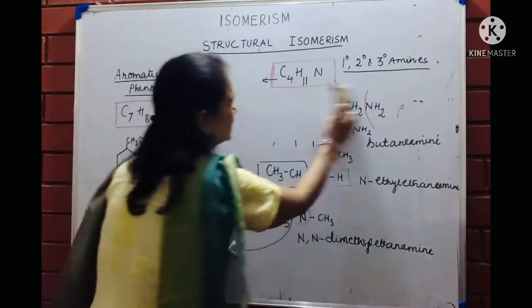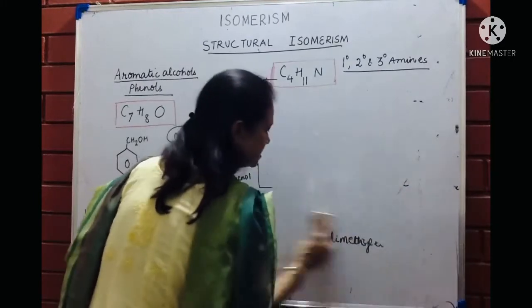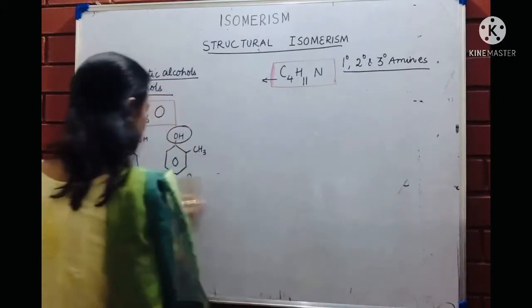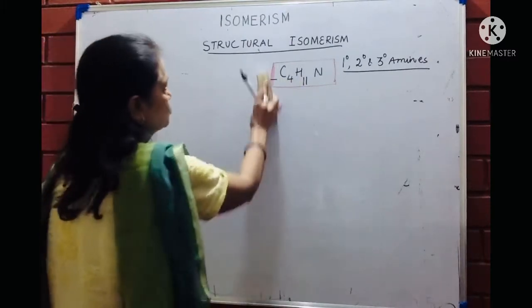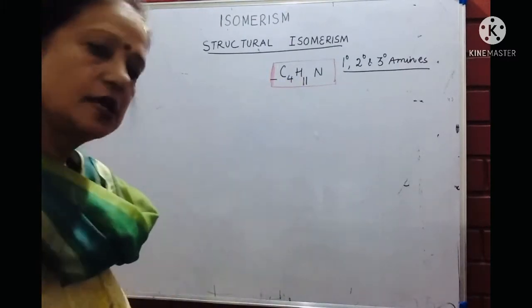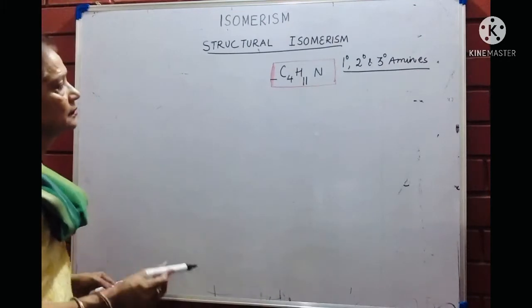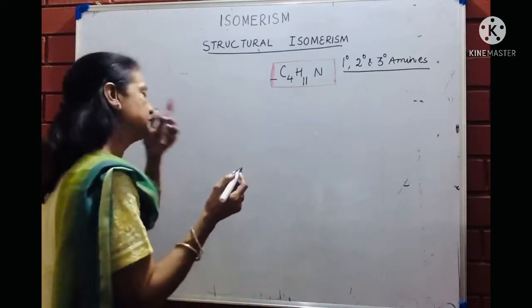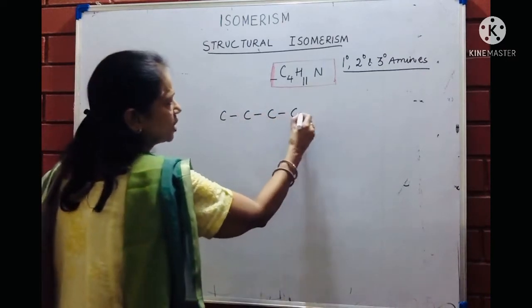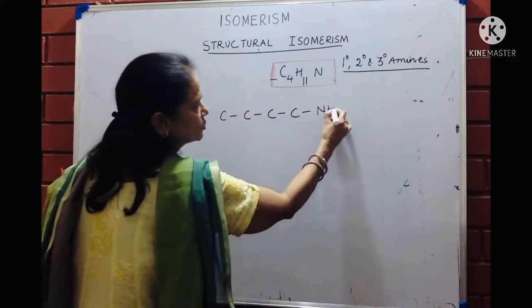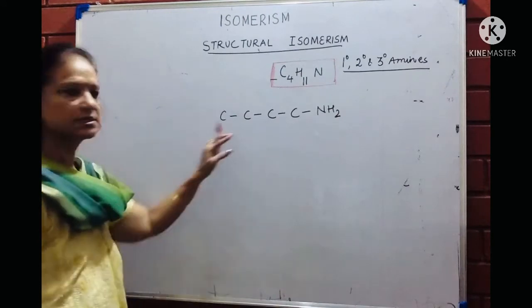Now supposing the same formula is given to you. This formula is given to me, and I now say make chain isomers. Okay, so 1, 2, 3, 4 carbon atoms and NH2 at this point. This is one isomer.